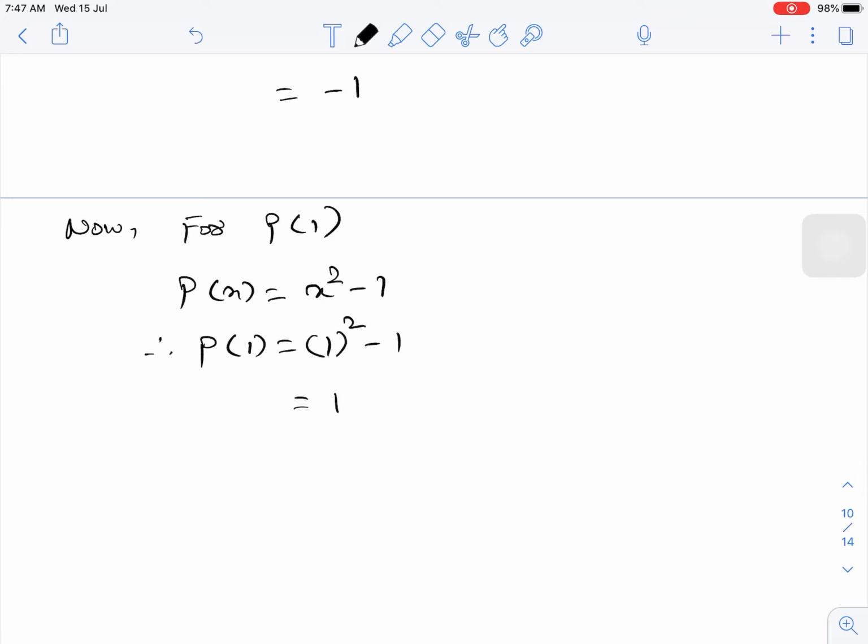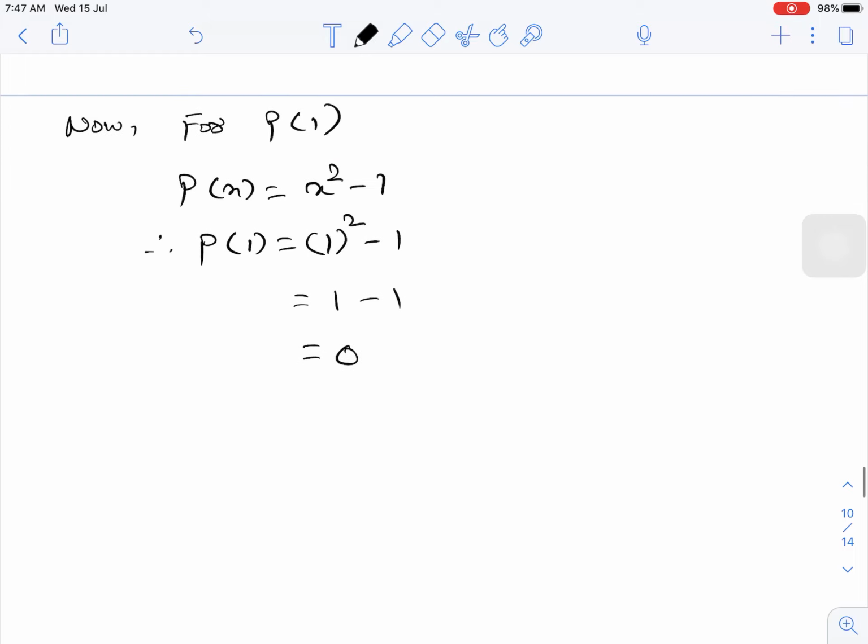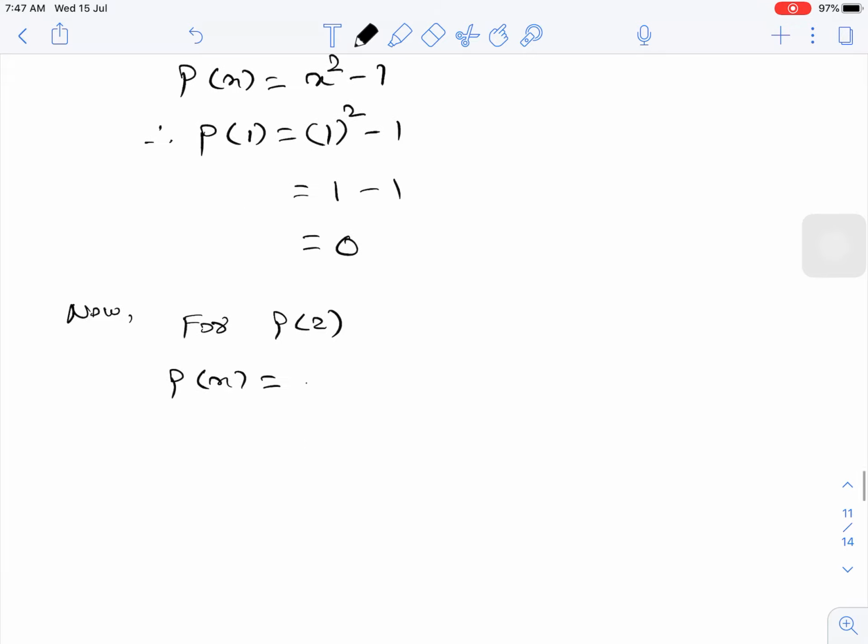Now 1 square is 1, minus 1 equals 0. Now for p of 2, again we write p of x equals x square minus 1. Therefore p of 2 equals 2 square minus 1. Now 2 square is 4, minus 1 equals 3.